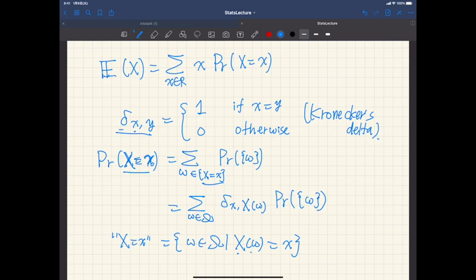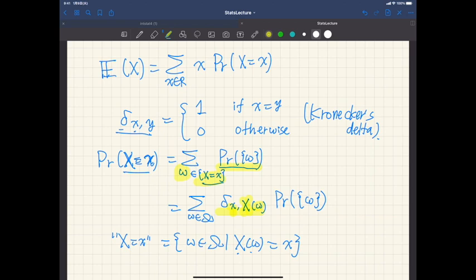So basically, we take the summation of these probabilities over all omegas within this subset. Now we introduce this Kronecker's delta, which is equal to 1 if X of omega is equal to this lowercase x.